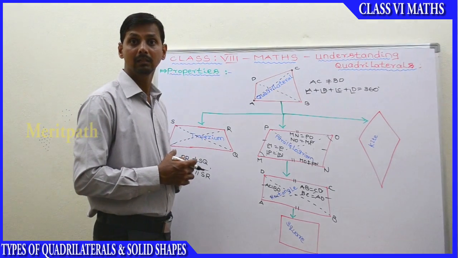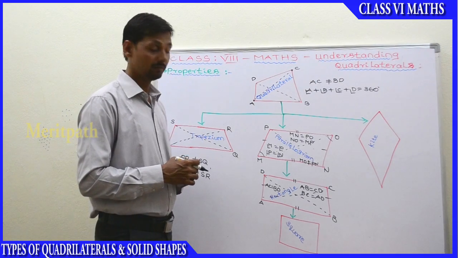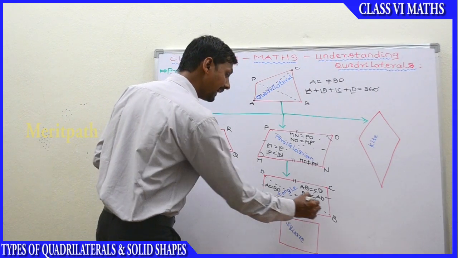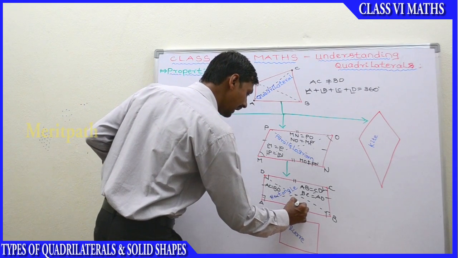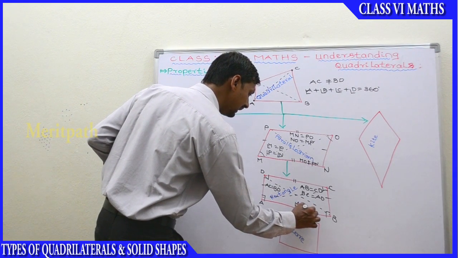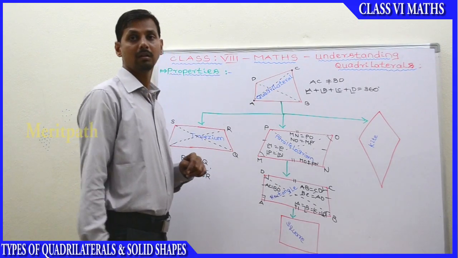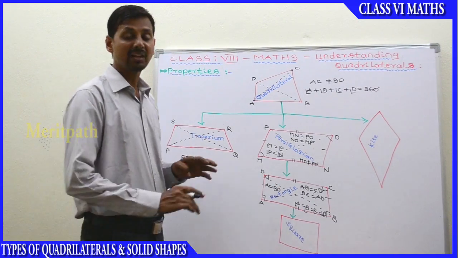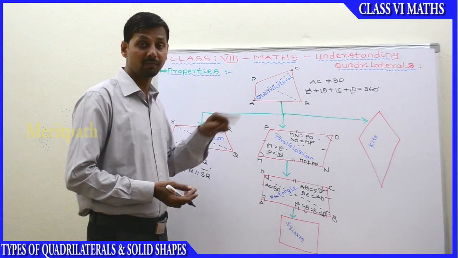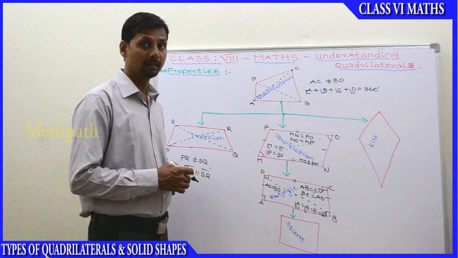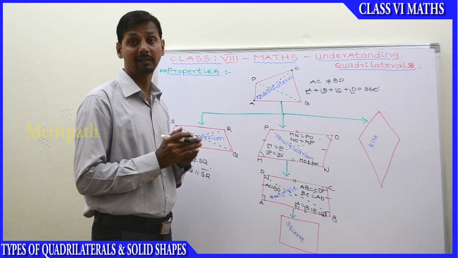And we see the angles of a rectangle. Each angle of a rectangle is 90 degrees. So we can write angle A is equal to angle B is equal to angle C is equal to angle D. All the angles of a rectangle are equal, opposite sides are equal, and the diagonals are equal.